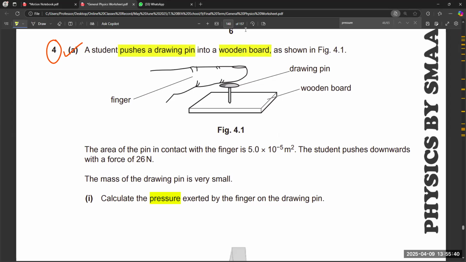The area of the pin in contact with the finger is, so this is the area, and a student pushes downward with a force of 26 Newton. The mass of the drawing pin is very small. Calculate the pressure exerted by the finger on the drawing pin.